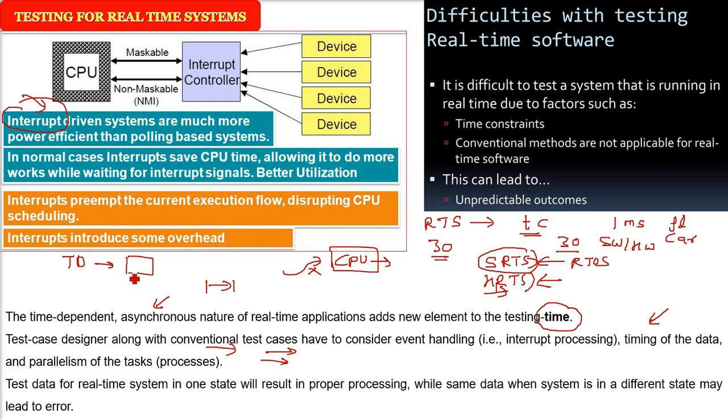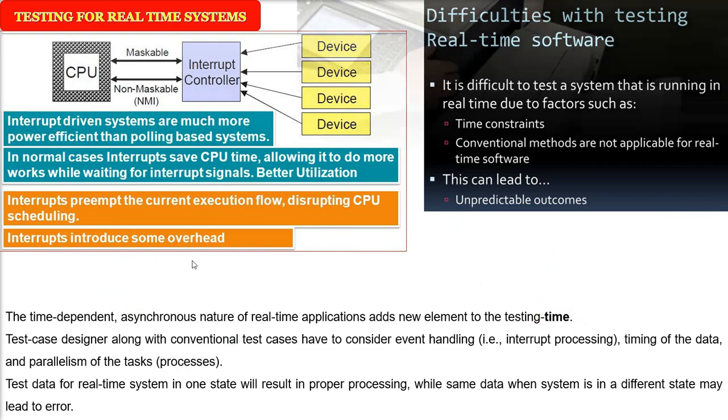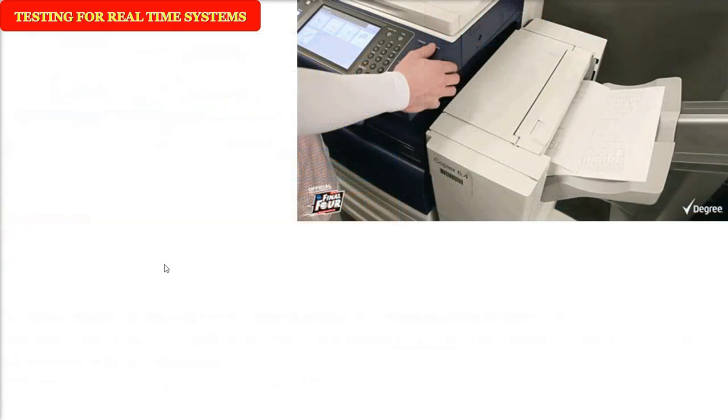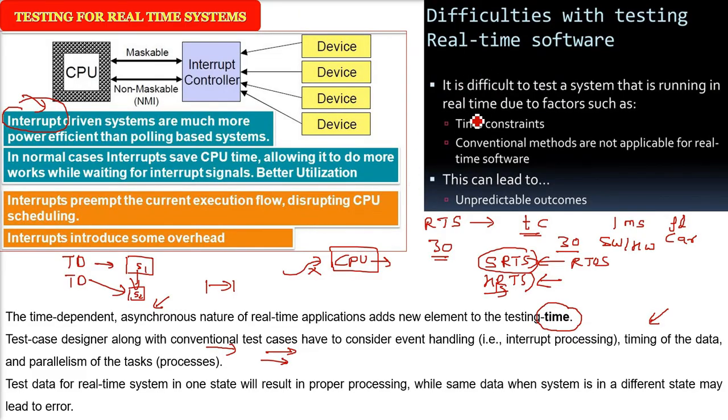But the same test data for a different state of this real-time system may lead to an error. This has to be checked and verified. Let me tell you again why it is difficult to test a real-time system. Time constraints are there, conventional methods cannot be used directly, and you can get some unpredictable outcomes.